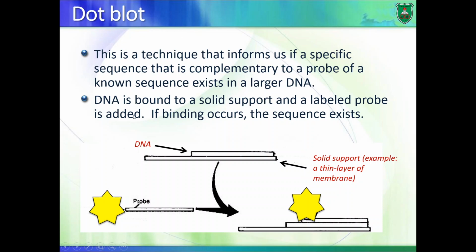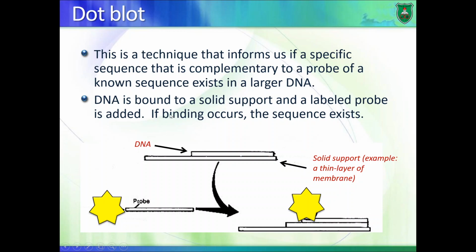So the idea here is that we take a solid support called a membrane. It's like a piece of paper, and I place the DNA sample on this piece of paper, okay? And I use a probe that is tagged or labeled with a fluorescent tag, a fluorescent chemical, or radioactive phosphorus.